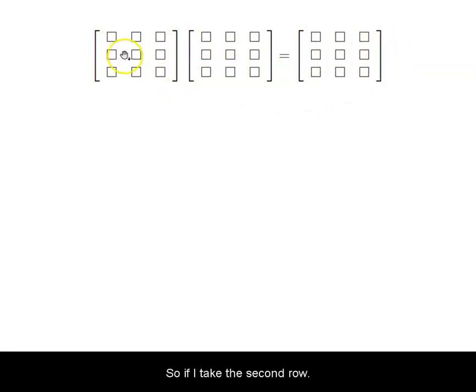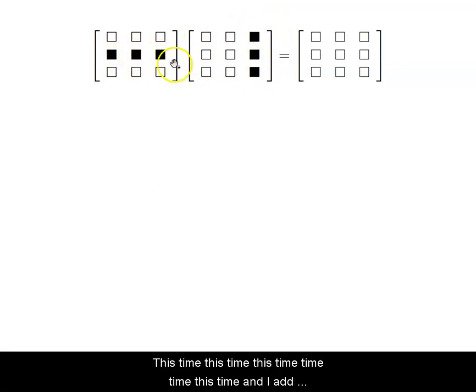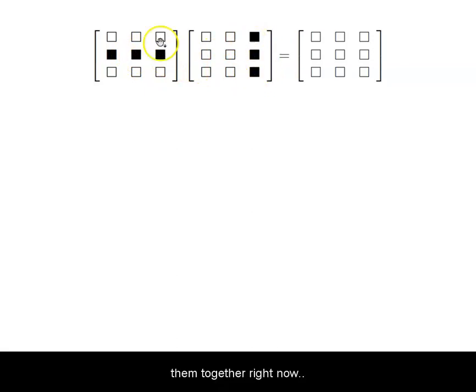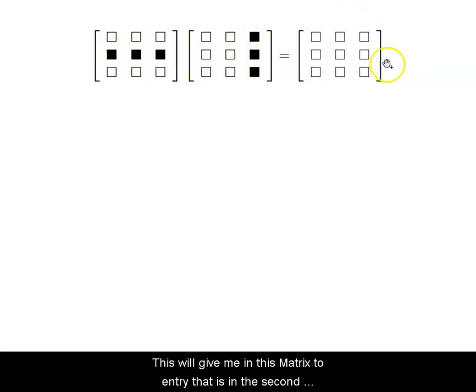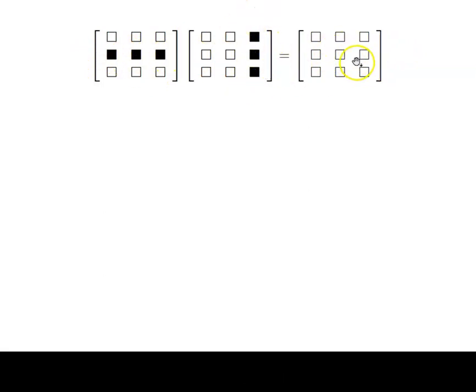So if I take the second row and this third column, okay, so dot product this, so this times this term, this term times this term, and I add them together, right, the dot product. This will give me in this matrix the entry that is in the second row, third column. So second row, third column gives me this value, and that's how multiplying matrices works.